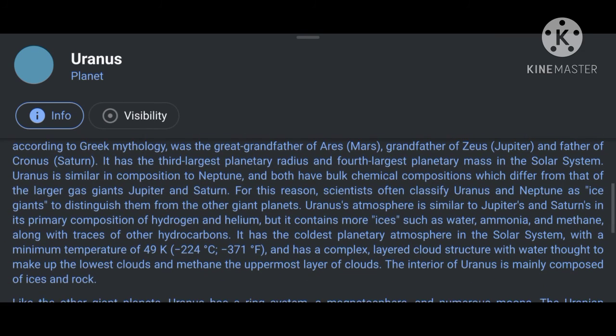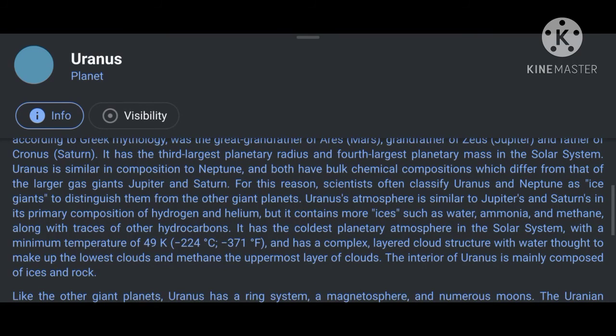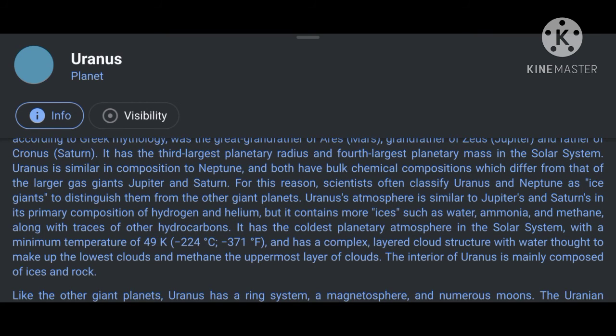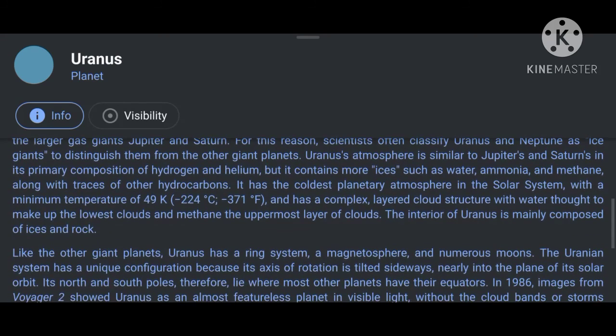And Uranus and Neptune, aside from being Jovian planets, are also classified as ice giants because of the presence of ices such as water, ammonia, and methane, along with traces of other hydrocarbons.